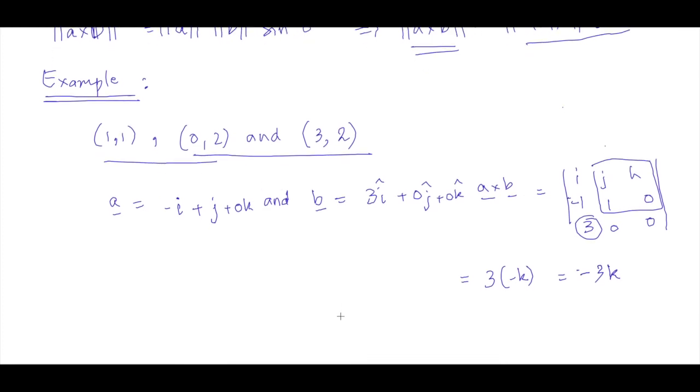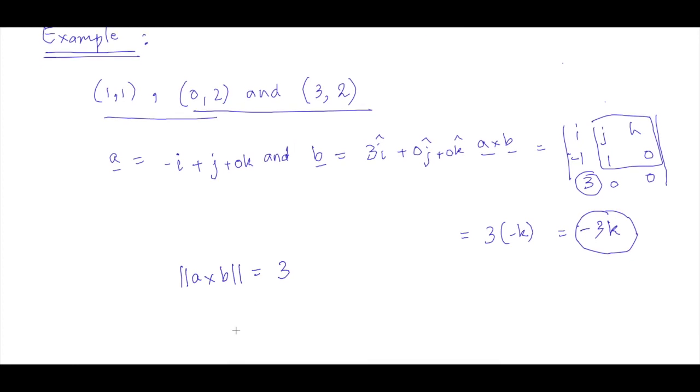So this means that the mod of A cross B, or the length of A cross B, is equal to 3, because the absolute value of negative 3 is 3, and the area of the triangle is half of it. So this is equal to 3 over 2. Okay, so that's the area of the triangle.